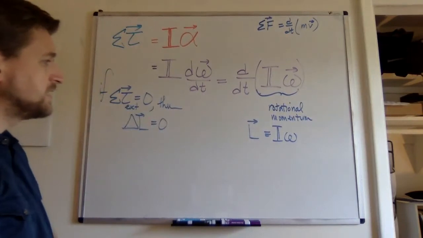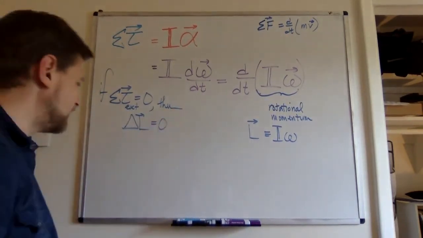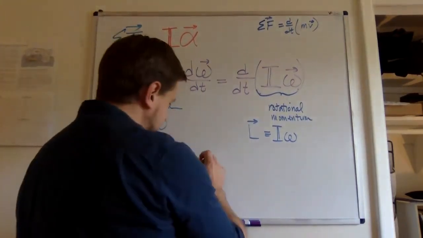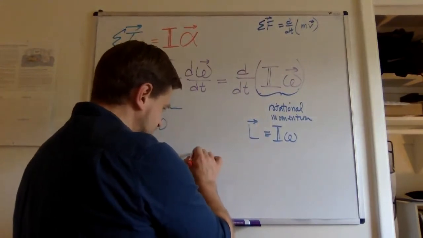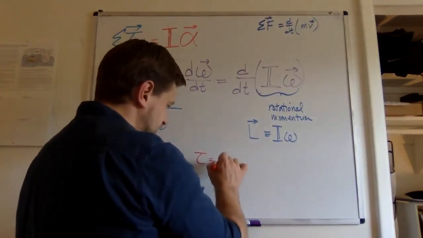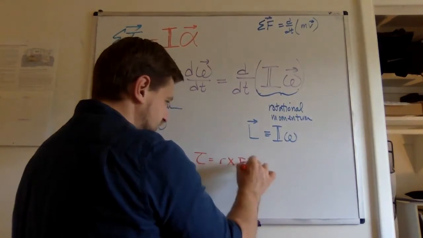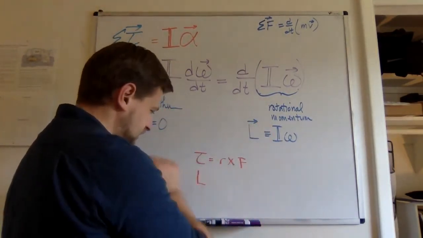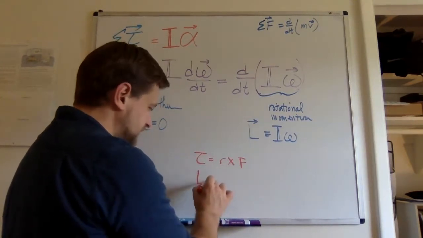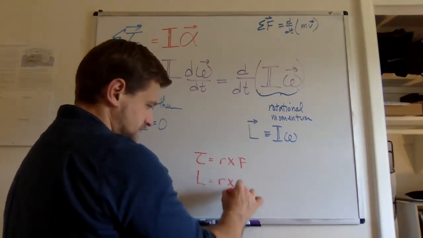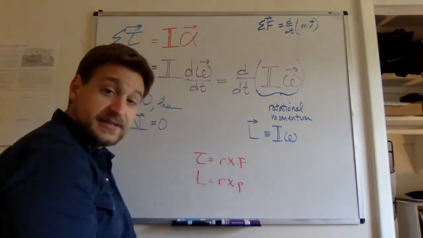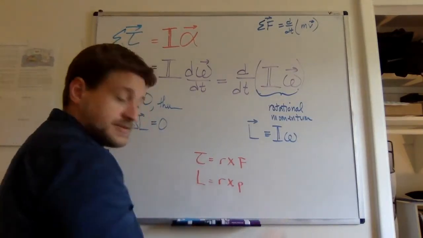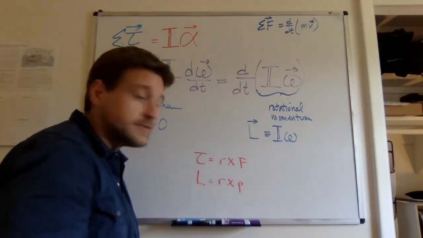Other ways to calculate angular momentum. We said that we can get to rotational force with R cross linear force. So here, if I want to get to rotational momentum, R cross linear momentum, and it turns out, yes, that's absolutely true.